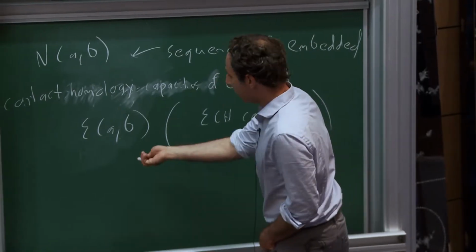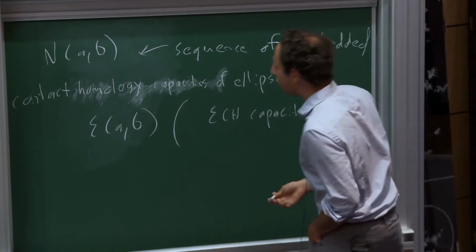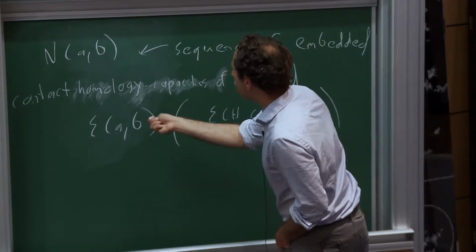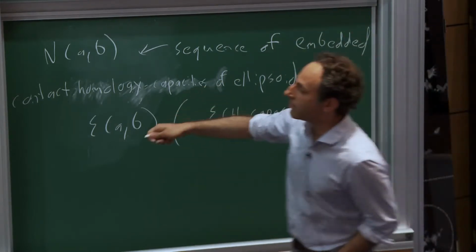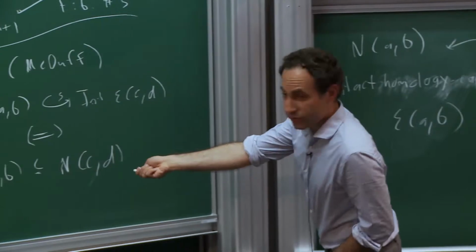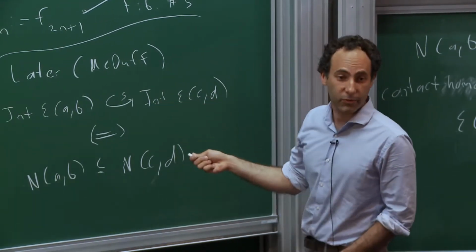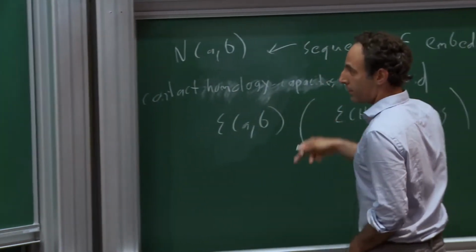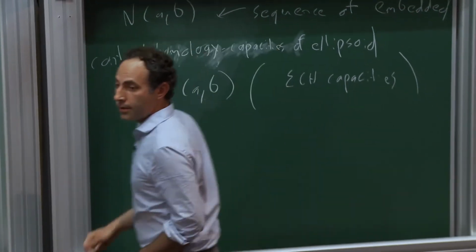It only exists for contact 3-manifolds, and you can use it to get four-dimensional symplectic embedding obstructions called ECH capacities. From that point of view, McDuff's result says that this obstruction coming from embedded contact homology is sharp for embeddings of ellipsoids. You don't have to understand too much about this, because we'll talk about ECH again rather soon.